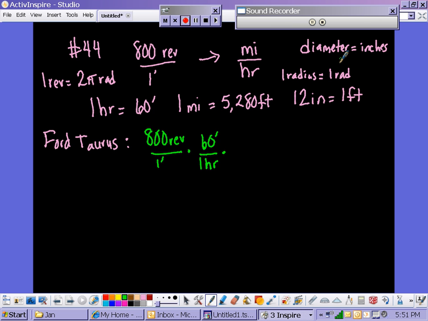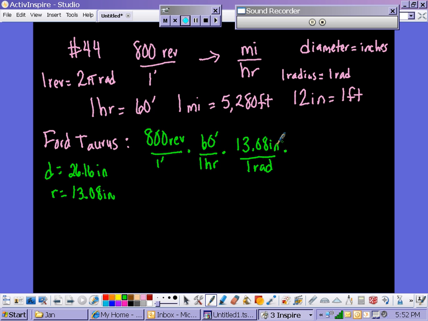We have the diameter, so we need the radius. The diameter for the Ford Taurus was 26.16 inches, so the radius is half of that. Half of 26 is 13, half of 16 is 8, so we say 13.08 inches. Then 1 radius is equal to 1 radian, so 13.08 inches is equivalent to 1 radian. We needed that.